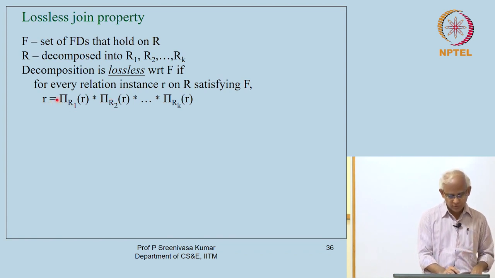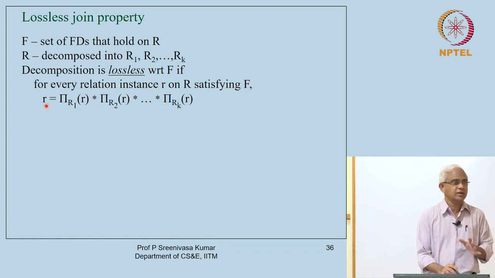So what I am telling you here is that this will always contain R. The trouble is, it may not be exactly R, it may contain something more than R, that is the trouble actually.